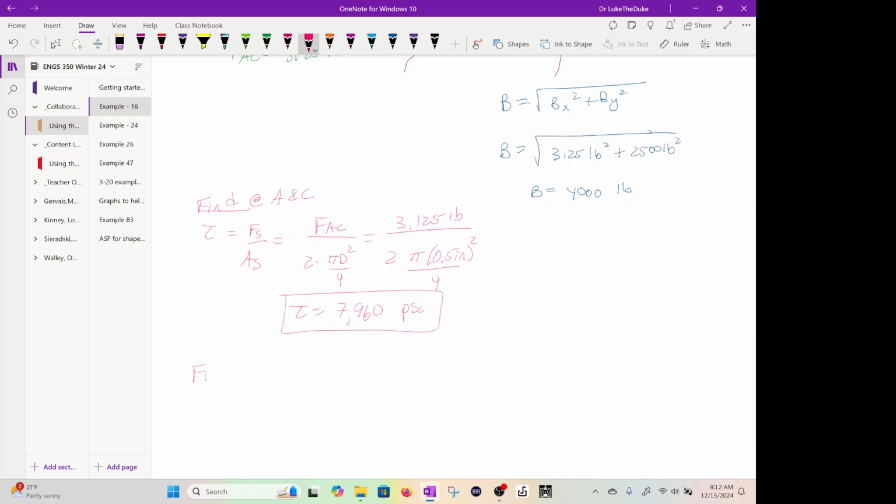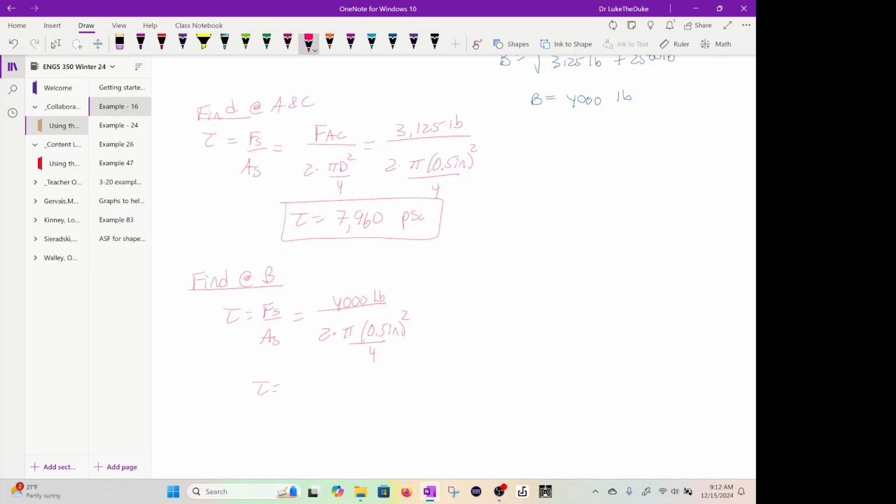Now if we want to find it at B, tau is again Fs over As. We're doing double shear. 4,000 pounds over 2 times pi, 0.5 inches squared over 4. And tau would be 101.90 psi.